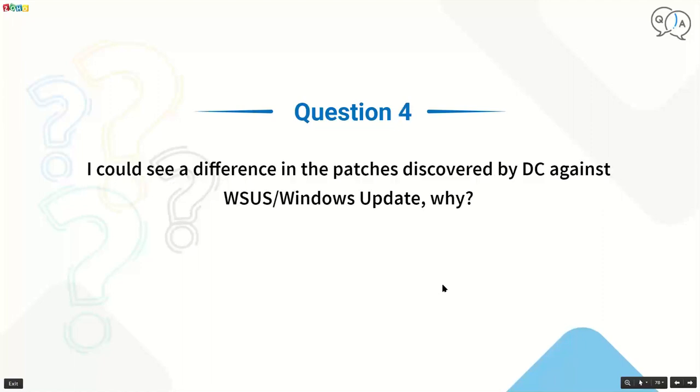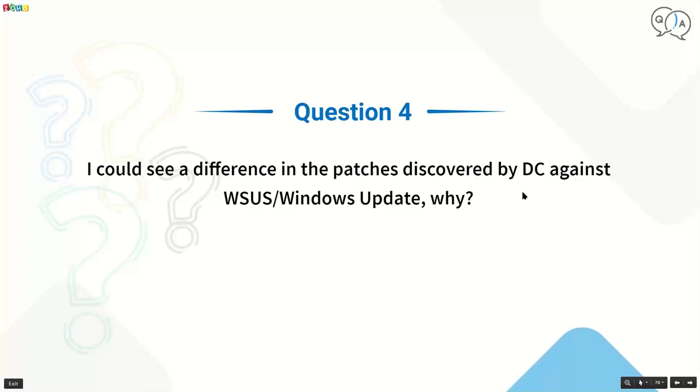I could see a difference in the patches discovered by DC against WSUS or Windows Update. Why? In case of Windows 7 or 8.1 or 2008, Windows updates do not show security-only updates as required, but Desktop Central supported the same to achieve compliance.